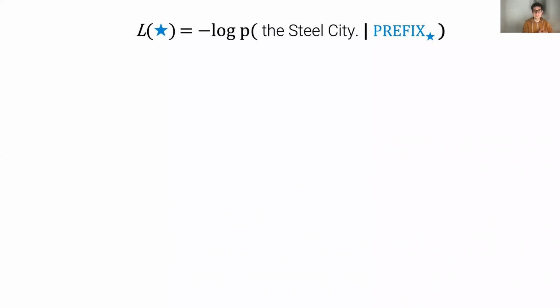Now, we're going to look at three different instantiations of this loss that we defined here. The first one is what we call the no API loss. In that case, our prefix is simply the original text. Pittsburgh is also known as. So we just ask our language model for the probability of the Steel City given Pittsburgh is also known as.